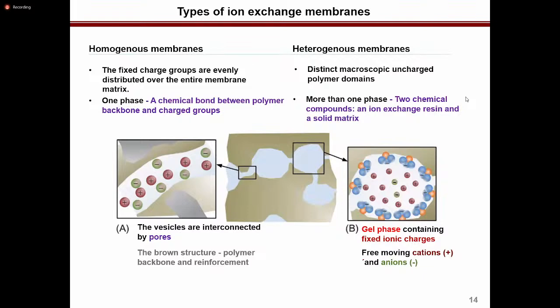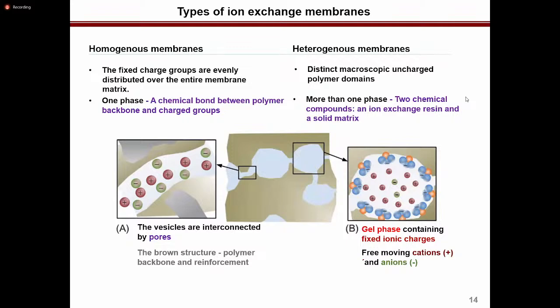So if somebody asks a question, let's say, how I tried to show you previously how we can classify ion exchange membranes. I said, depending on their functionalities, we can classify them as cation exchange membranes, anion exchange membranes, bipolar membranes, and so on. But the two most important are anion and cation exchange membranes.